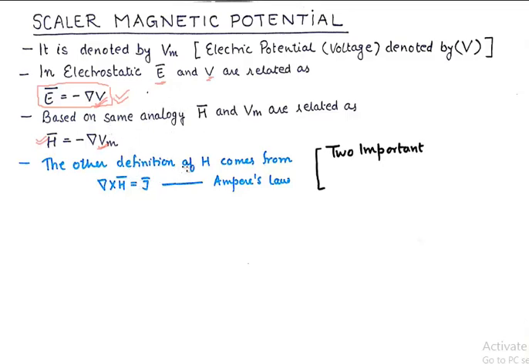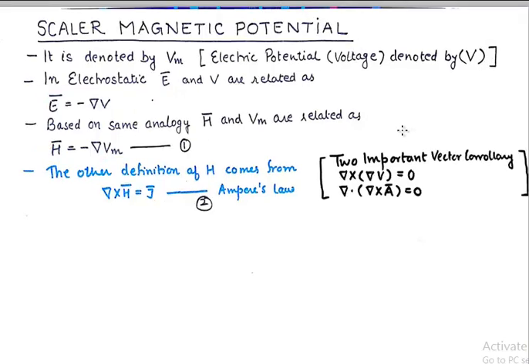And the other definition of H stems from the fact that curl of H is equivalent to J vector, which is current density. Now this is taken from Ampere's law, and this is, by the way, Maxwell's fourth equation as well. And using two important corollaries for vectors, the first one being the curl of gradient of a scalar is 0.